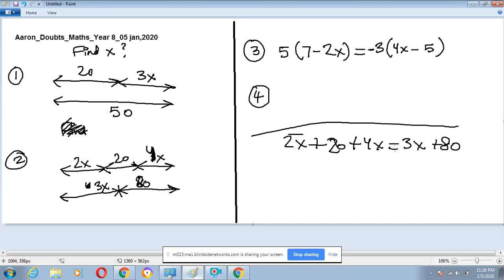I did this wrong. Never mind. Wait. 3x equal to 60. So x equal to 20. Correct. Yes. That's where I went wrong.